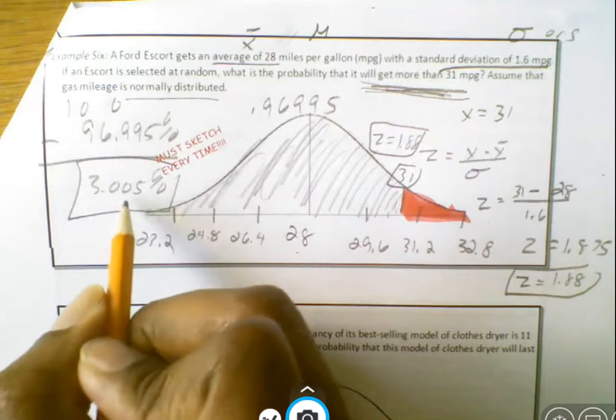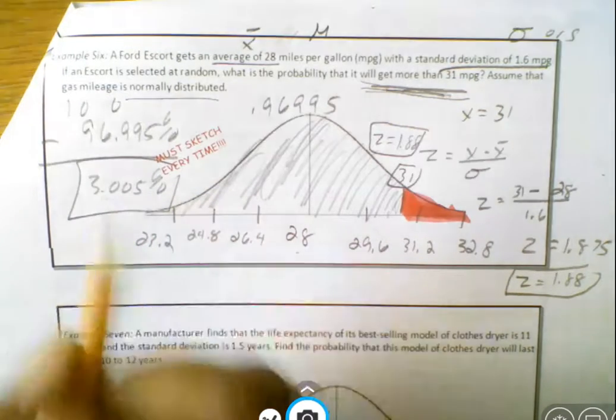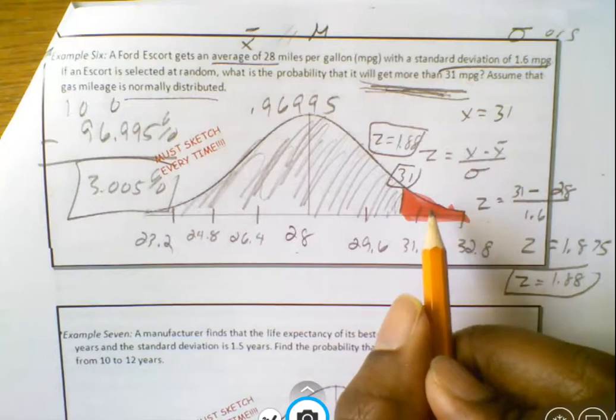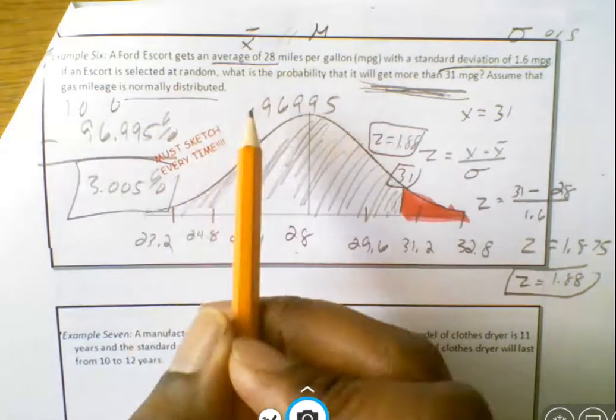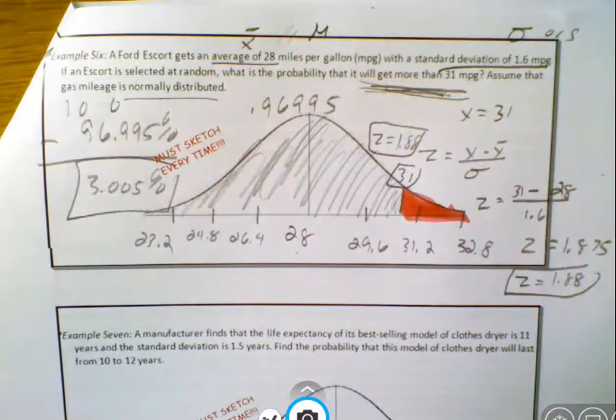So that's the percent of people who have a Ford Escort that can go more than 31 miles per gallon. We like to answer our question in statistics as a sentence. Our job is to tell someone else the data and explain the data to them.